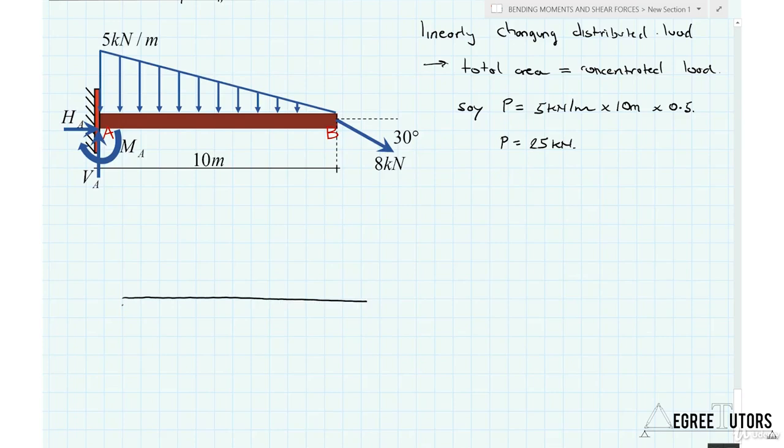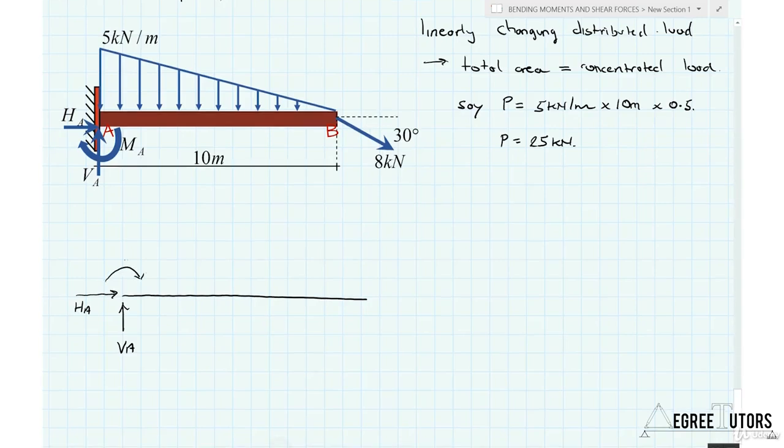We have reactions, so let's call that VA, assume it acts upwards. Let's draw HA, assuming that it acts to the right, when our intuition would actually tell us it acts to the left. And let's draw on our moment reaction, MA. Let's not be too concerned about the direction at this stage.